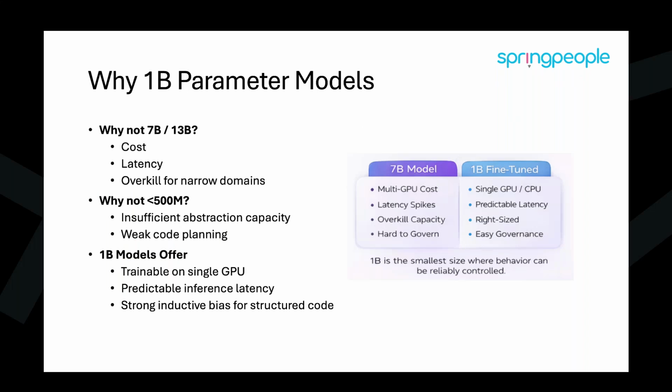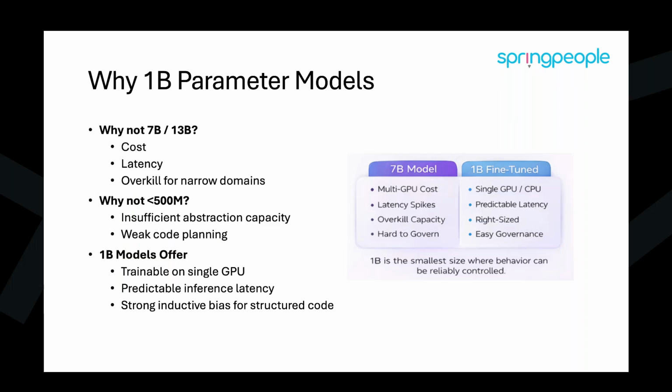In most of these organizations, everybody wants to keep AI costs low, so there is always that intent to try to work with smaller models. But a smaller model also has the capacity problem.